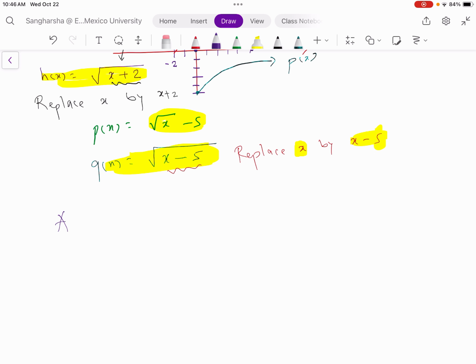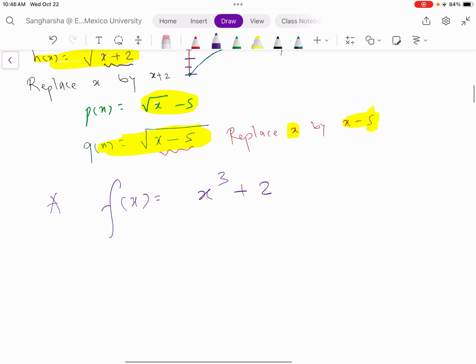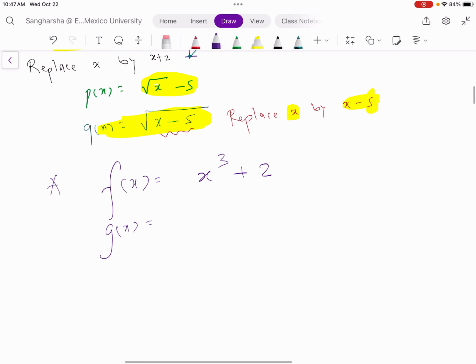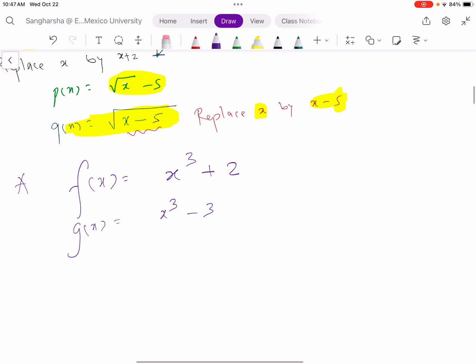Now, can you graph f of x equals x cube plus 2, g of x equals x cube minus 3, h of x equals (x minus 2) cube, and q of x equals (x plus 2) cube.